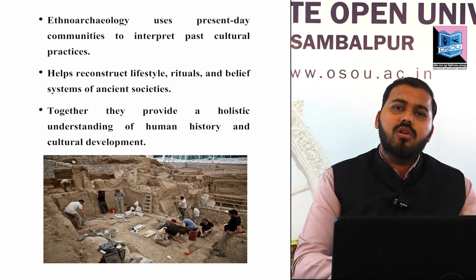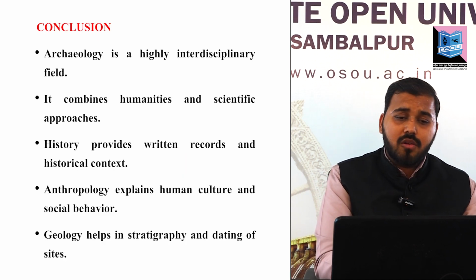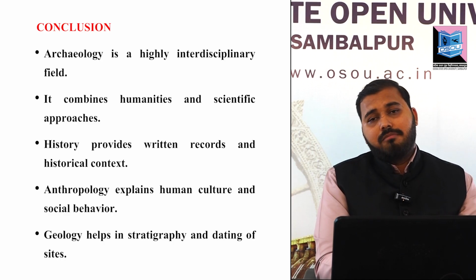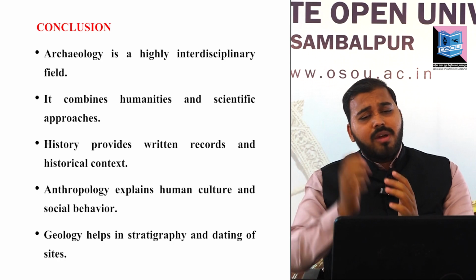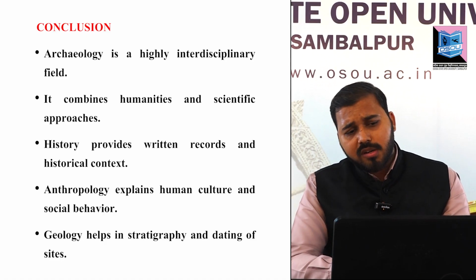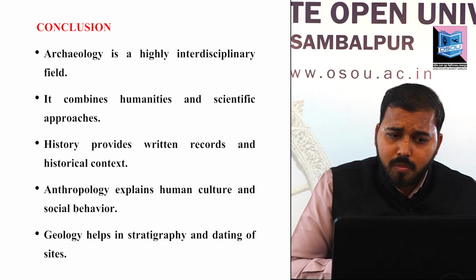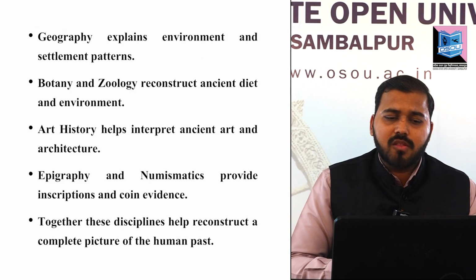So in conclusion, so far as the relationship of archaeology with different aspects is concerned, it combines the humanities and scientific approach. It provides the written records and historical context. It explains the human culture and social behavior. It helps in stratigraphy and dating methods.